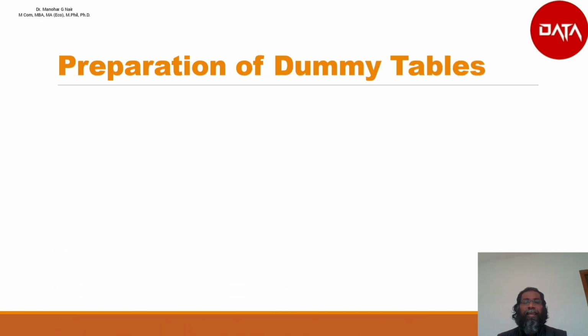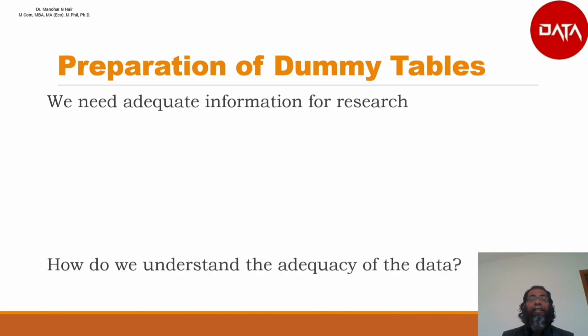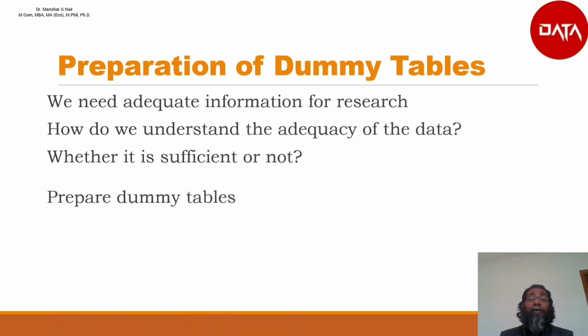We have to prepare dummy tables. This is the second important factor to be considered while setting up the questionnaire, preparation of dummy tables. It is because we need adequate information for our research. And how do we understand the adequacy of data, whether it is sufficient or not?